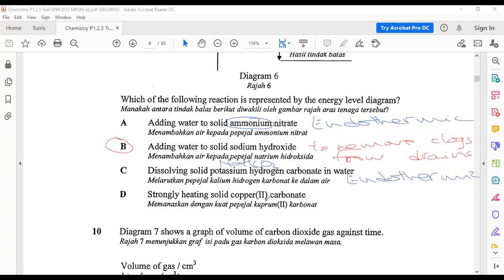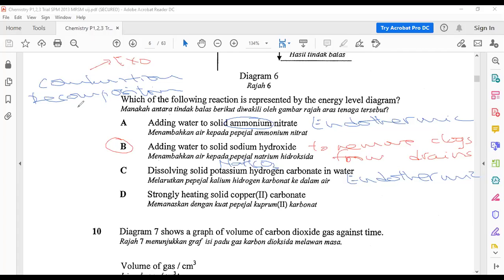Okay, now you have to differentiate between the combustion and the decomposition. Now, the combustion is an exothermic reaction. Combustion is exothermic, it is like you burn paper. When fire occurs, that one is combustion.